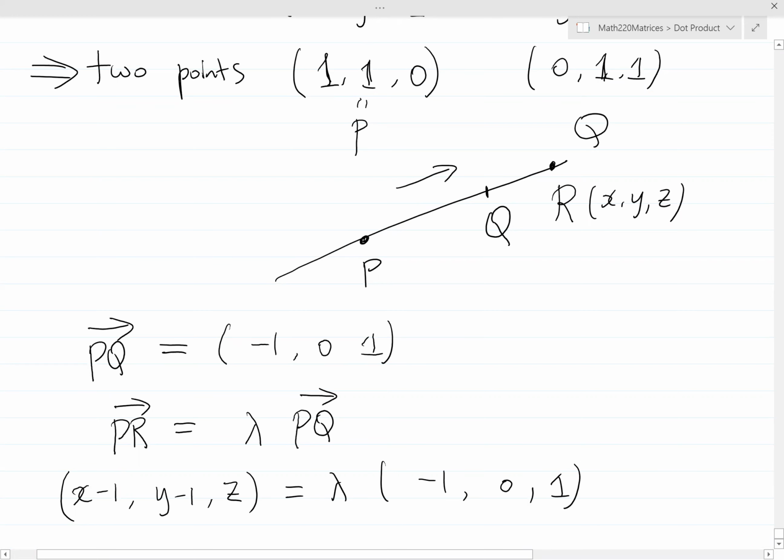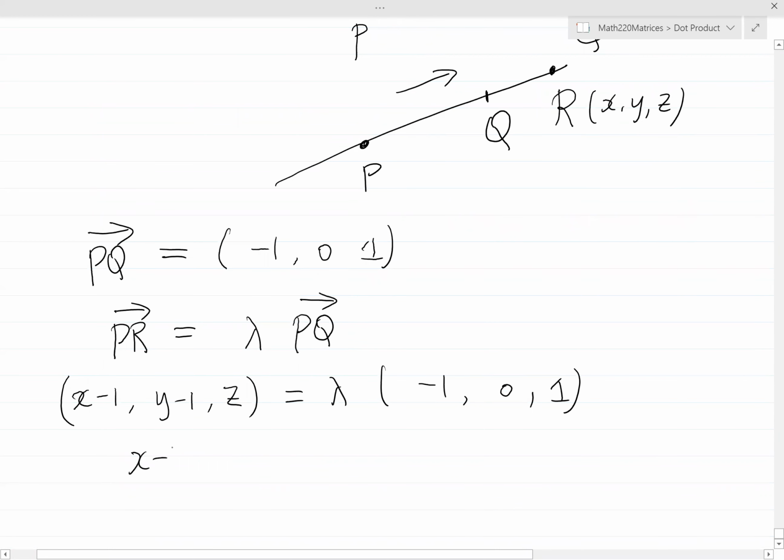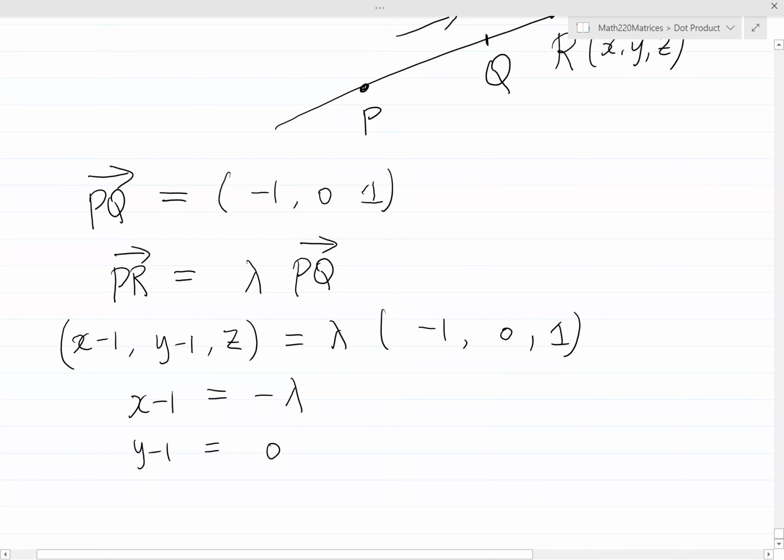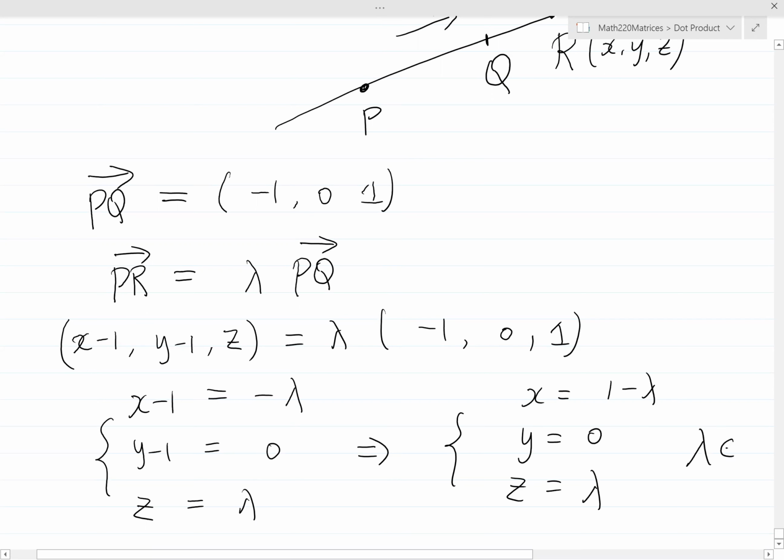Comparing components, Y minus 1 equals 0, Z equals lambda. So the solution set is X equals 1 minus lambda, Y is 1, Z is lambda, where lambda can be any real number. So this gives us the solution set.